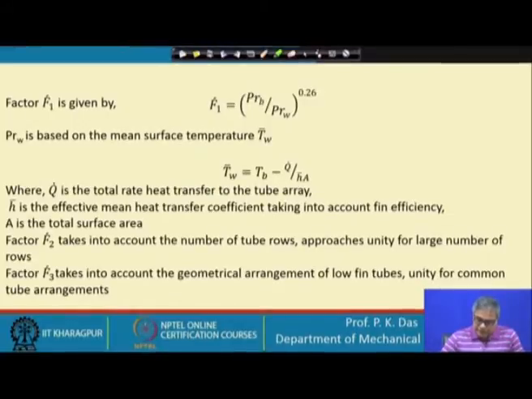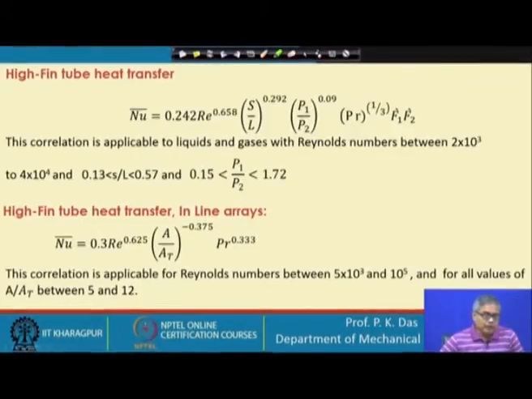So, with this, let us go to high fin tube heat transfer. High fin tube heat transfer again gives some sort of a correlation, in terms of Reynolds number and Prandtl number, and geometrical parameters like the interfin distance and pitch, transverse pitch and longitudinal pitch.